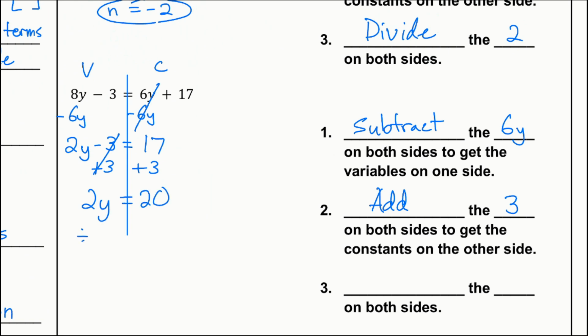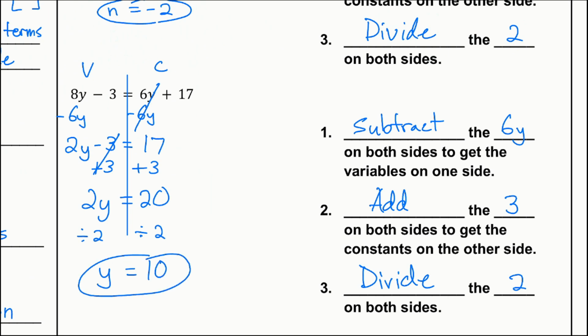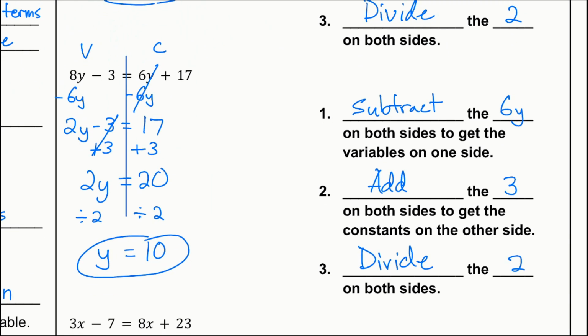And then the last step is divide by 2. Which gets me y equals 10. Okay? So that's the second one.